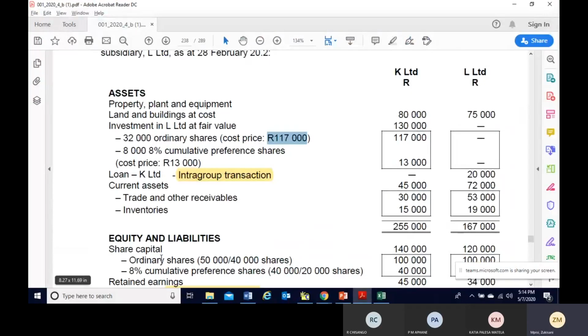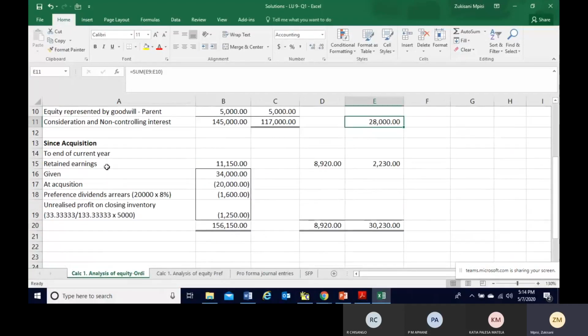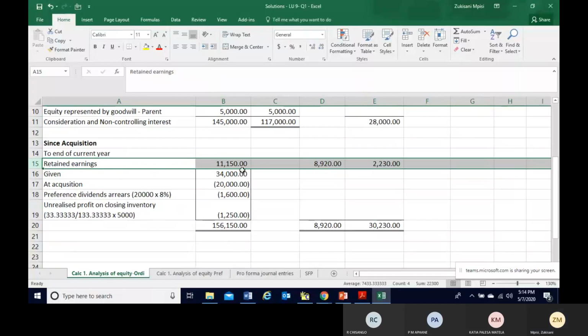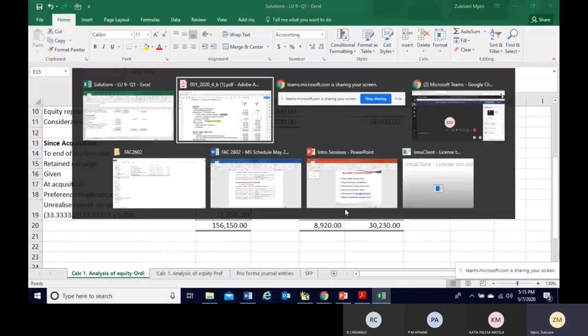And the next part that we look at now is your analysis of equity. Analysis of equity, we have dealt with this one at acquisition. We have eliminated it. But since acquisition, we have had retained earnings for non-controlling interest.